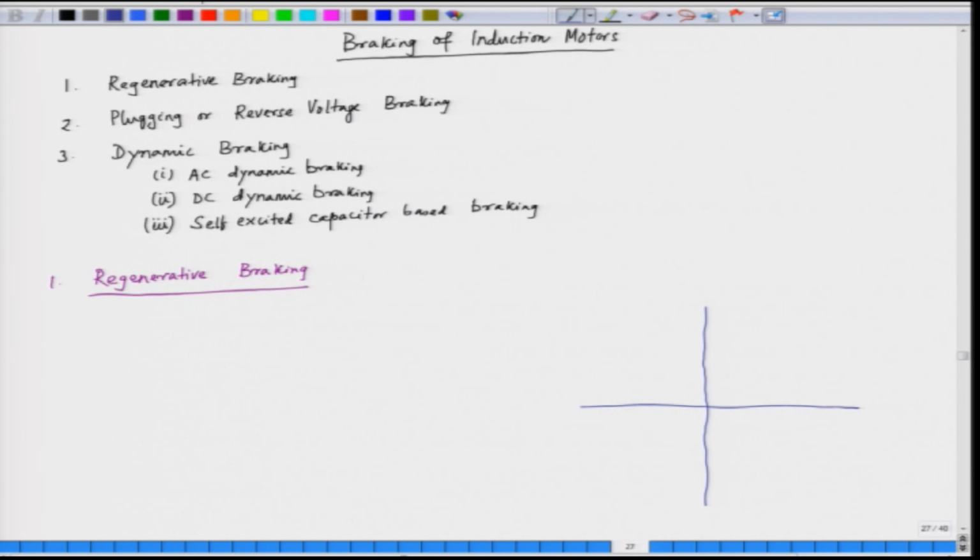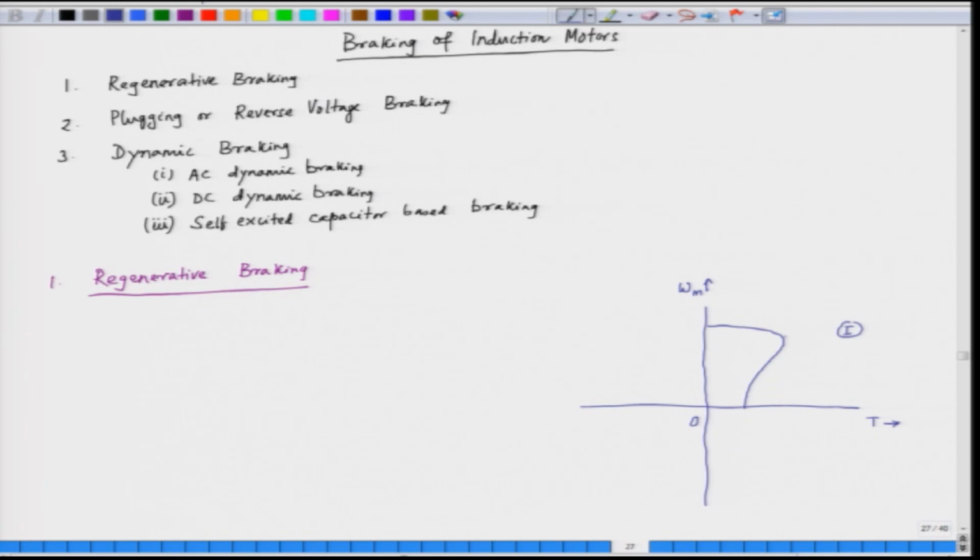This is the speed axis and we have the torque axis here and this is the origin. Now, the torque speed characteristic is of this nature. This is the first quadrant, so in the first quadrant we have the torque speed characteristic of a normal induction motor.